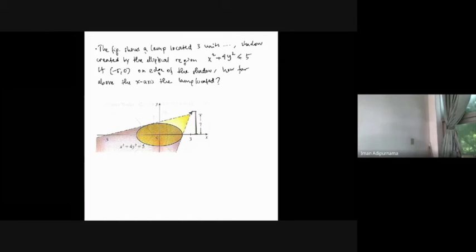So you have some elliptical region here. You have a lamp giving light through the ellipse. You have the equation of the ellipse. The point -5 is on the edge of the shadow, so it's a shadow situation, and it's asking for the height of the lamp.